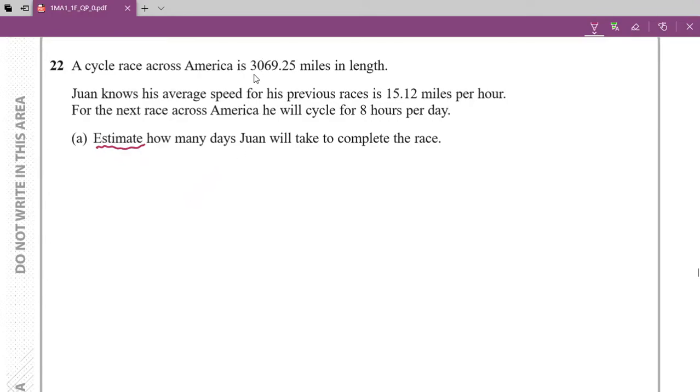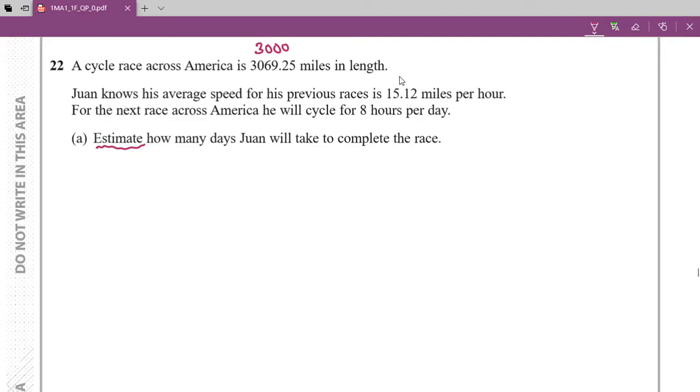First I'm going to estimate this distance to the nearest 1,000, and that's going to give me 3,000 miles. And I'm going to estimate this 15.12 miles per hour.